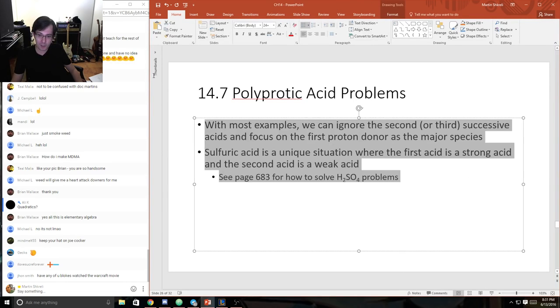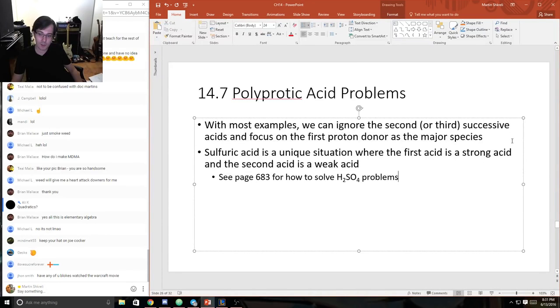So these examples are actually easier than it might be, because we can ignore the successive acids because the first acid is the major proton donor and the major species, the same way we ignore autoionization protons, for instance. Sulfuric acid is a little different because it's a strong acid to begin with, and the second acid is a weak acid. So you can read page 683 if you really want to learn how to solve sulfuric acid problems.